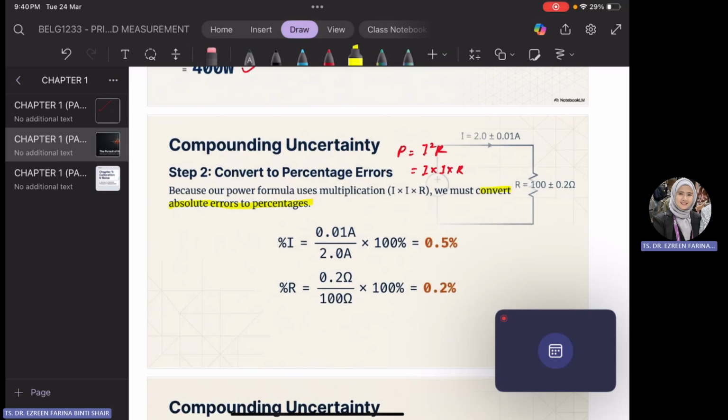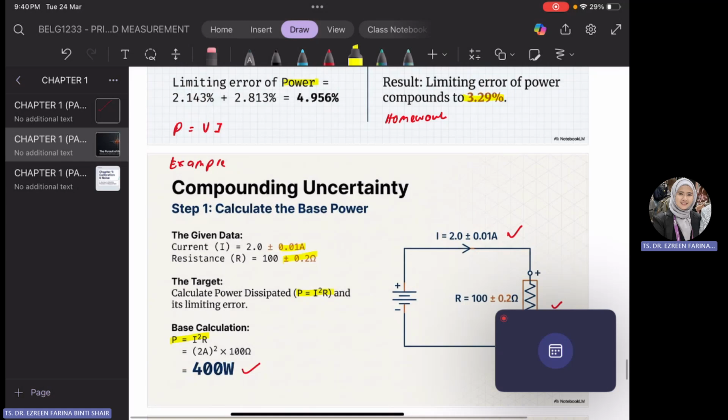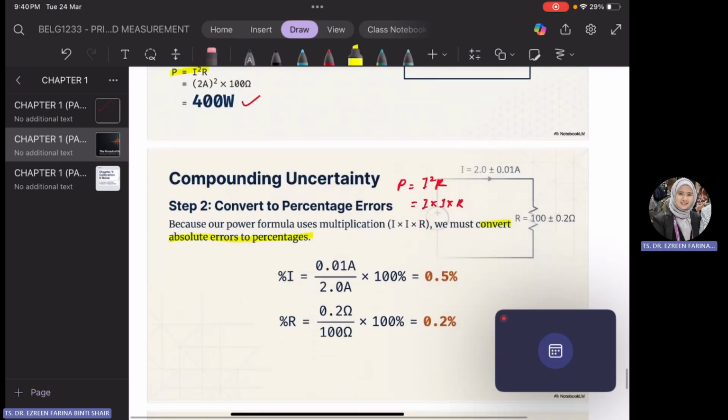Let's calculate for the current first. For the current, the absolute error is 0.01 ampere, and you divide it by the current value, 2 ampere, and multiply with 100%.